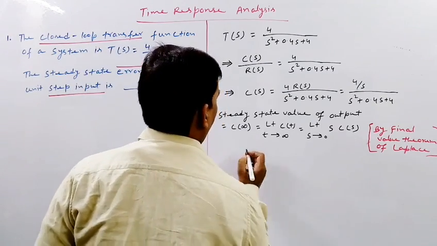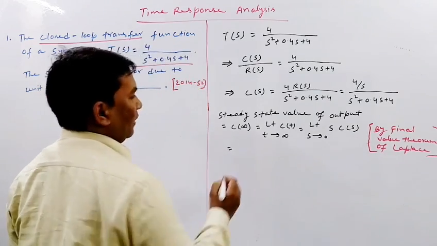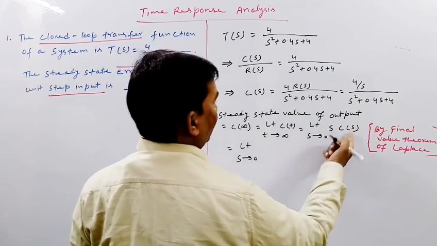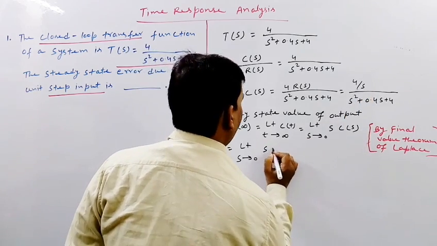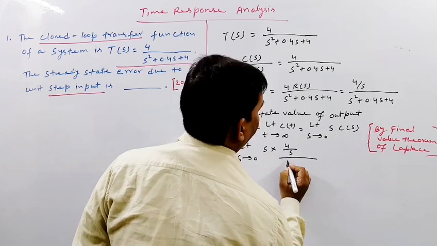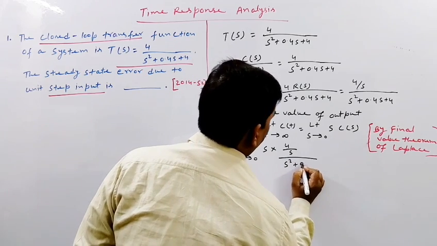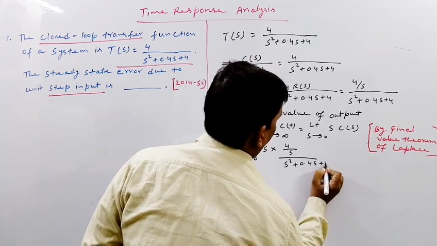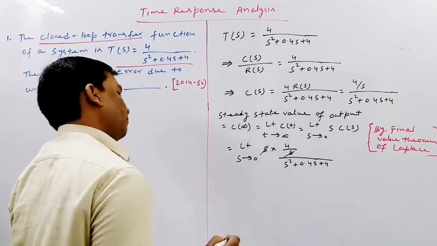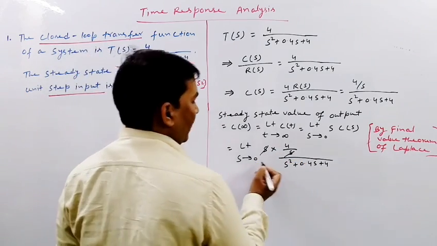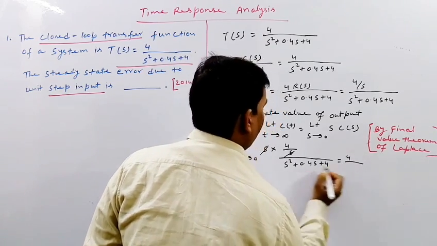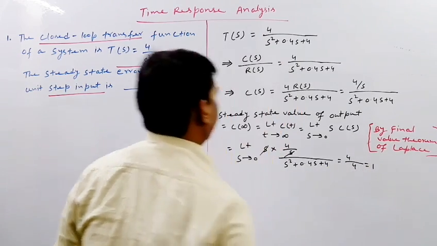So it will be nothing but limit s tends to 0. What is C(s)? So s multiplied by C(s) is nothing but 4 by s divided by s square plus 0.4 s plus 4. Now this s will cancel out this s. Now if we put s equal to 0, then it will be nothing but 4 divided by 4. So it will be 1.